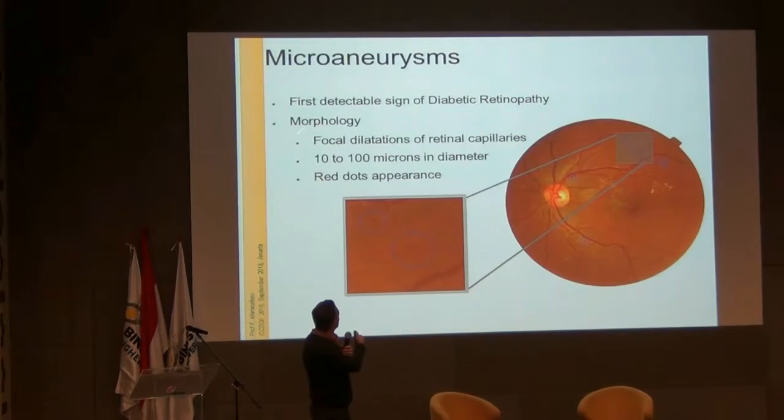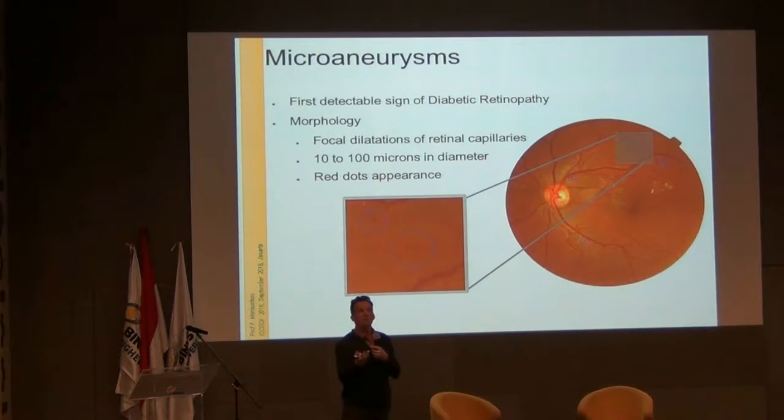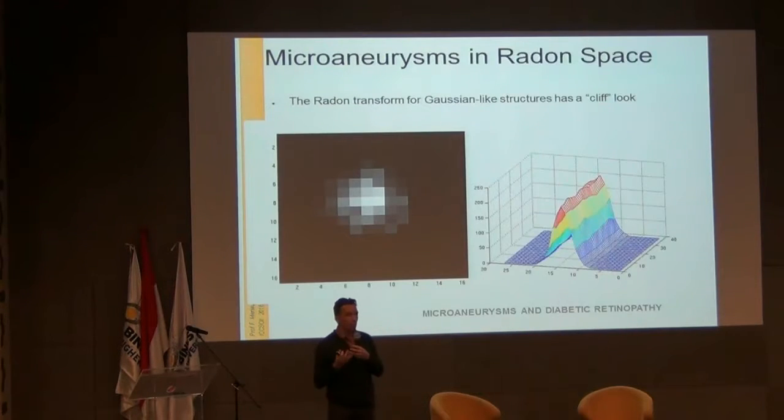So we use the information that microaneurysms come from the blood, so they should have a color close to the blood color, so they are red. And they have a specific shape, they're supposed to be round. So we use the information that they are round and potentially red to process the images. We project the images into what we call the Radon space.